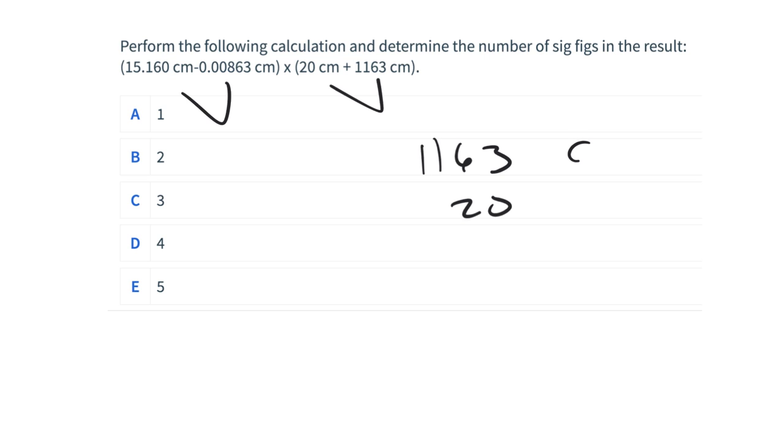Now, the part I think that confused everybody was if you had a balance that went to the nearest ones placeholder for the 1163, why would it not have been to the nearest ones placeholder for the 20? And the answer is you just have to take 20 centimeters to only be 1 sig fig, and not worry about why that is. The implication could be that a different scale was used for the one value versus the other.